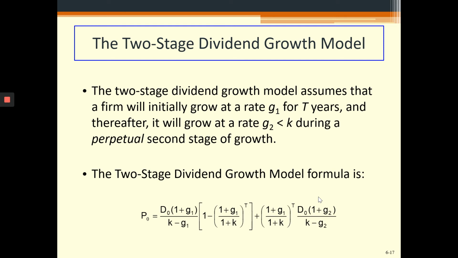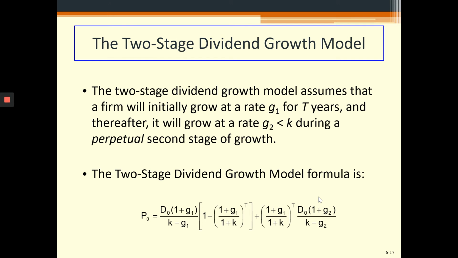So after that the growth has declined, and now the perpetual growth is 5%, with which the dividend will grow forever. So for the first T years, again 5 or 6 or 7 or whatever years, there is a certain percentage, and then after that the growth rate changes.